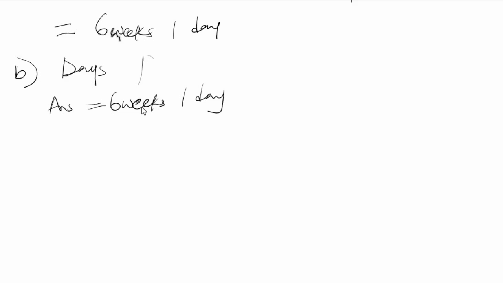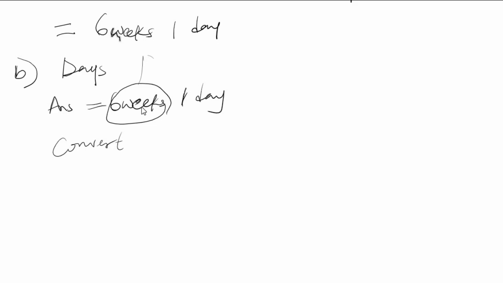But we are told to give the answer in days this time around only. So how do we go about this? All we have to do is convert these 6 weeks to days and add it to this 1 day.